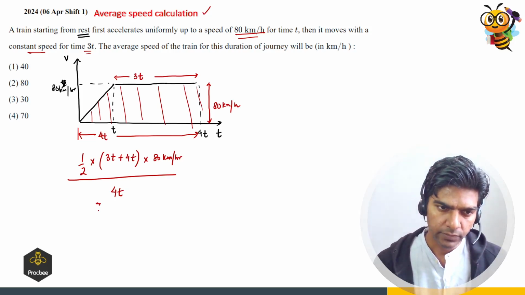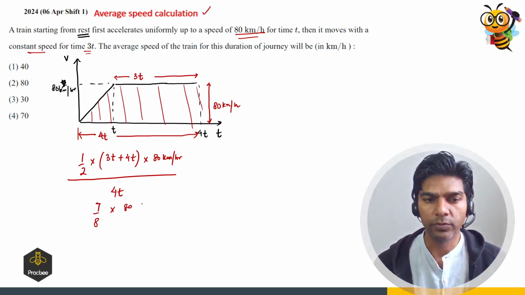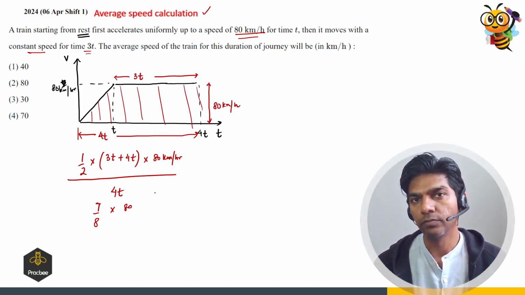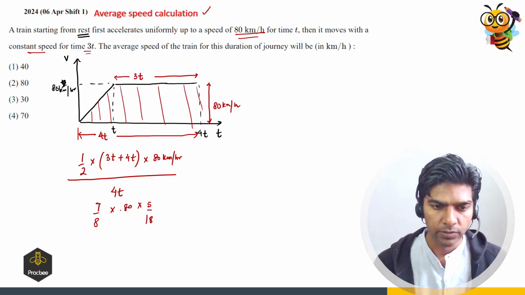So this will be 7 by 8 times 80 kilometers per hour. Let me convert kilometers per hour into meters per second, times 5 by 18.